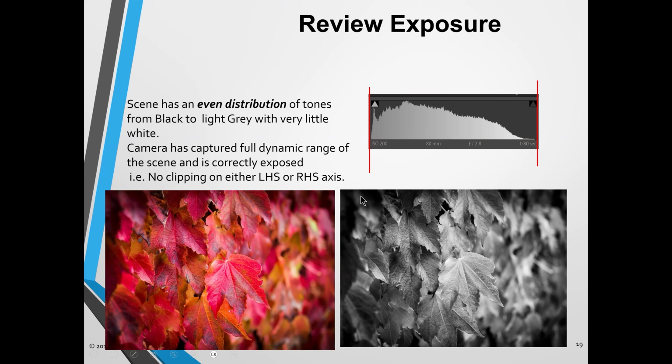And as soon as we turn it to black and white, you can see all the different tones in the image. And so this is what you look at in the back of the camera. Very hard to see what's been exposed and what hasn't, and are you using all of your available sensor.